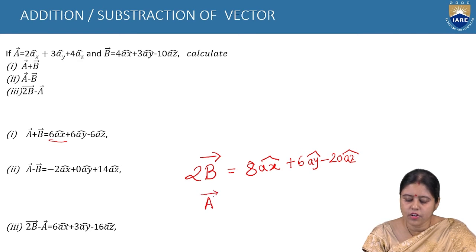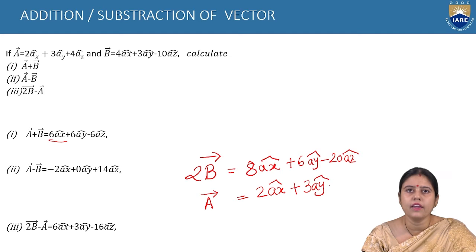A is equal to, we know, 2ax plus 3ay plus 4az.